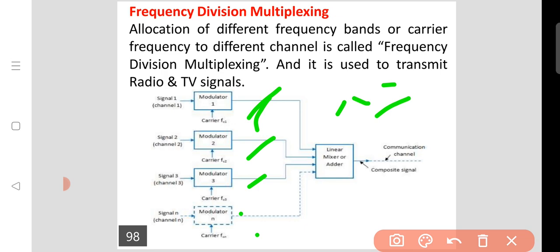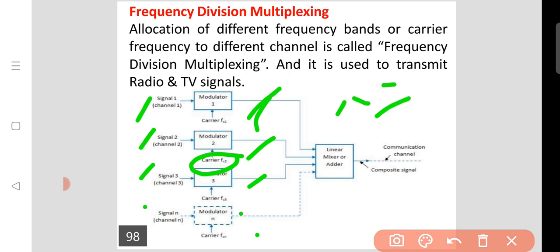Then the output gives a modulated signal. So the n modulators have inputs of message signals 1, 2, 3, 4 and so on, and carrier signals are also present. The outputs of these modulators are fed to the mixer or adder. This is the simple block diagram of the frequency division multiplexer.